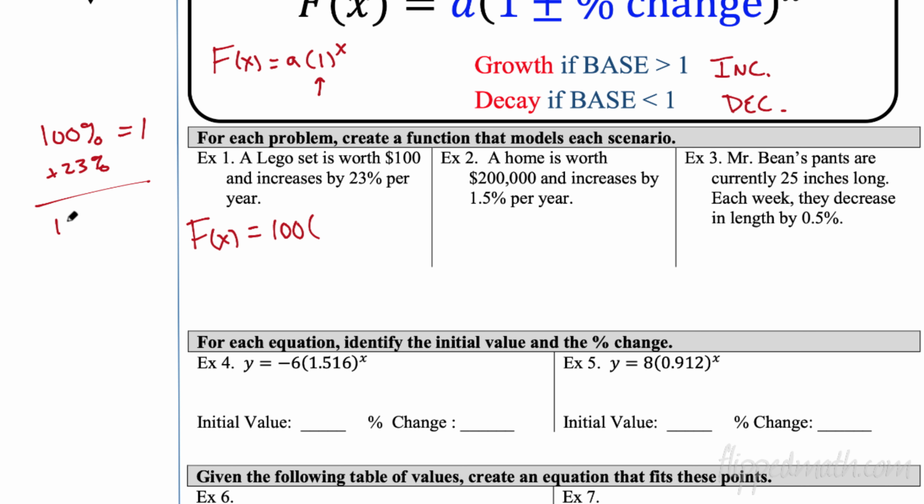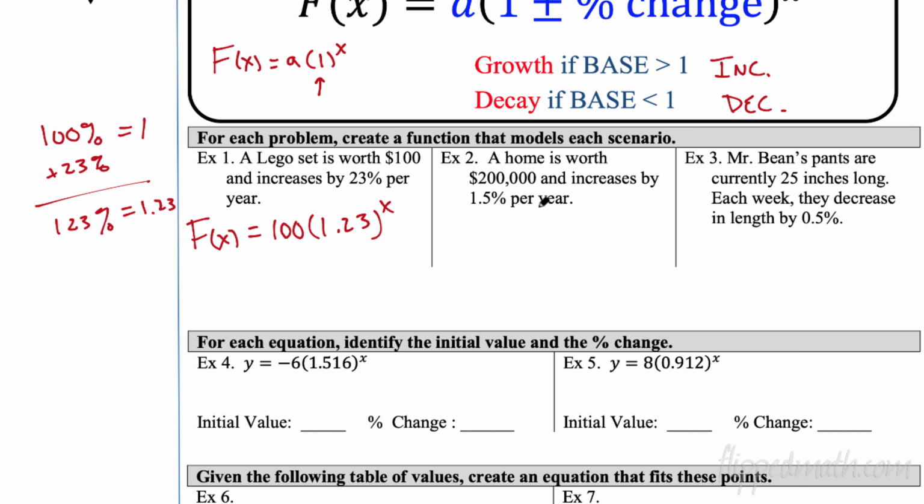That means we're at 123%. What would that be as a multiplier or a decimal? You move it 2 and you get 1.23. Okay, so that's going to be our multiplier right there, 1.23. It is a 23% increase, so I know I go above 100% by 23%. That's going to put me at 1.23, and I raise it to the x power. Easy enough, right?